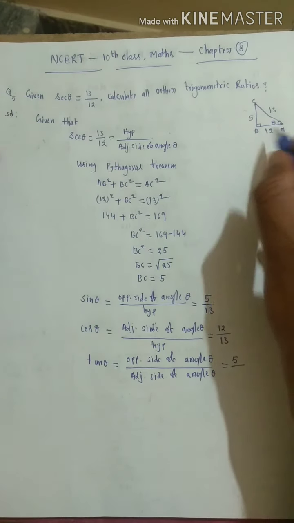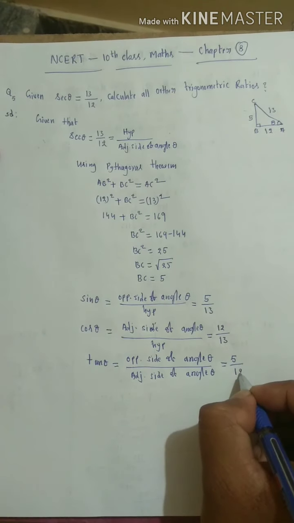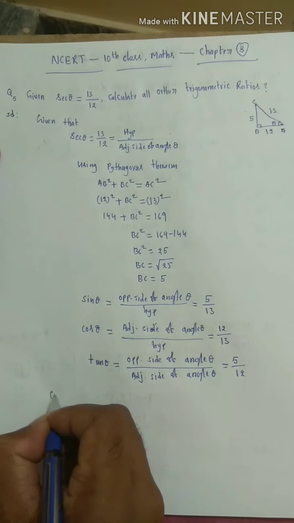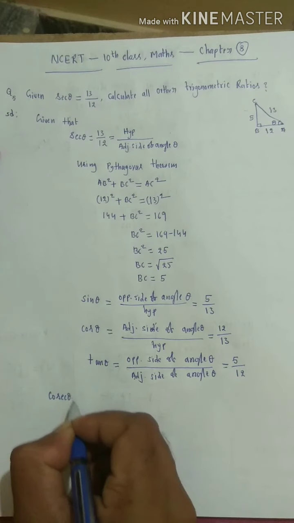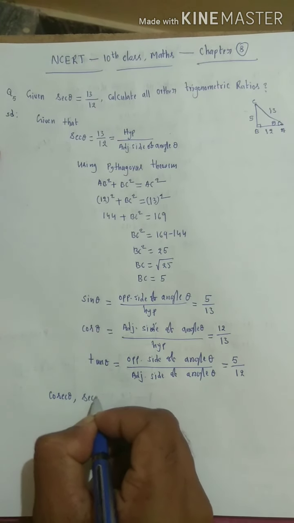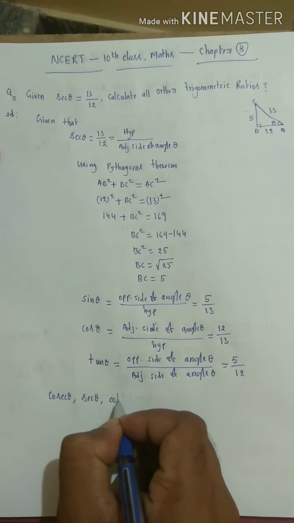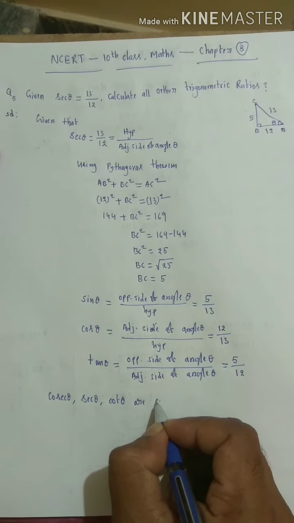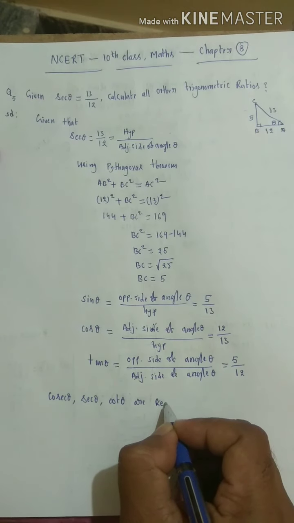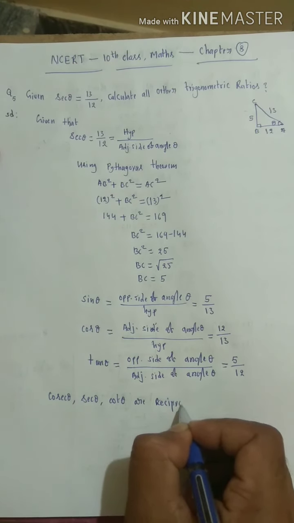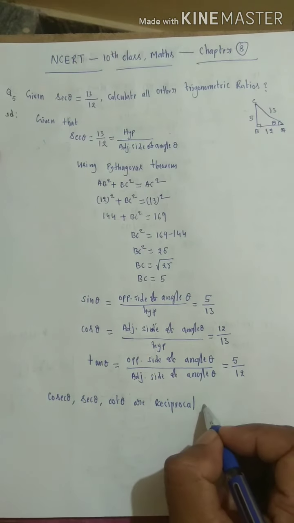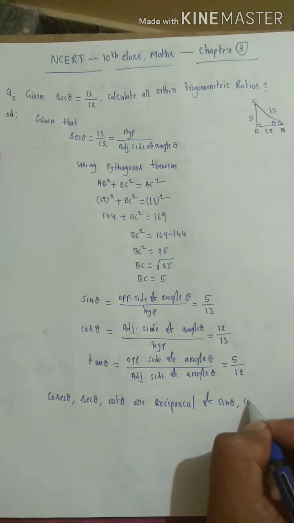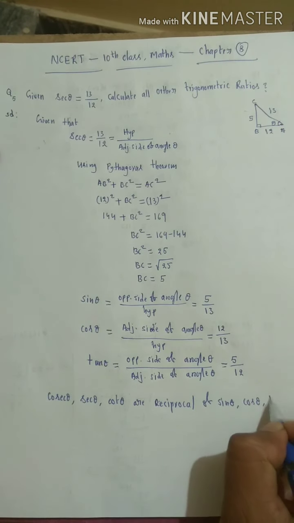Adjacent side of angle theta is 12 units. We find the other trigonometric ratios. Cosecant theta, secant theta, and cot theta are reciprocals of sin theta, cos theta, tan theta.